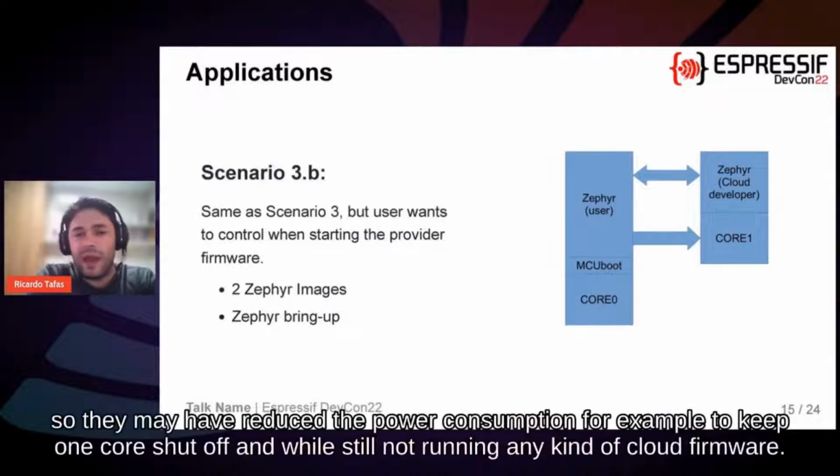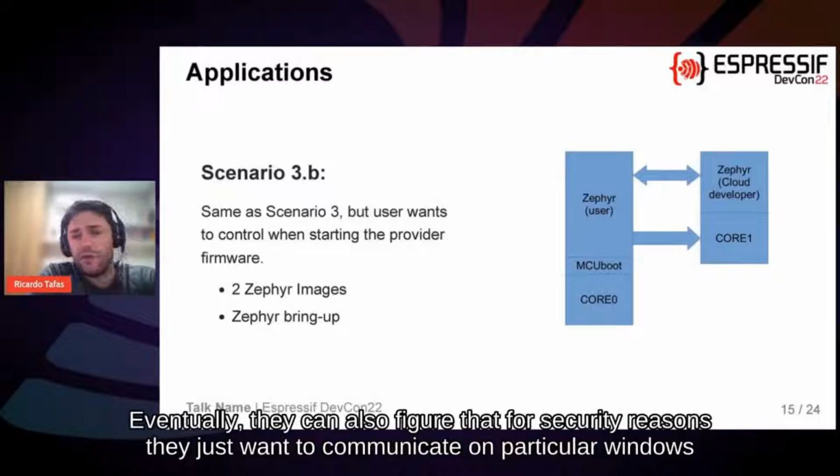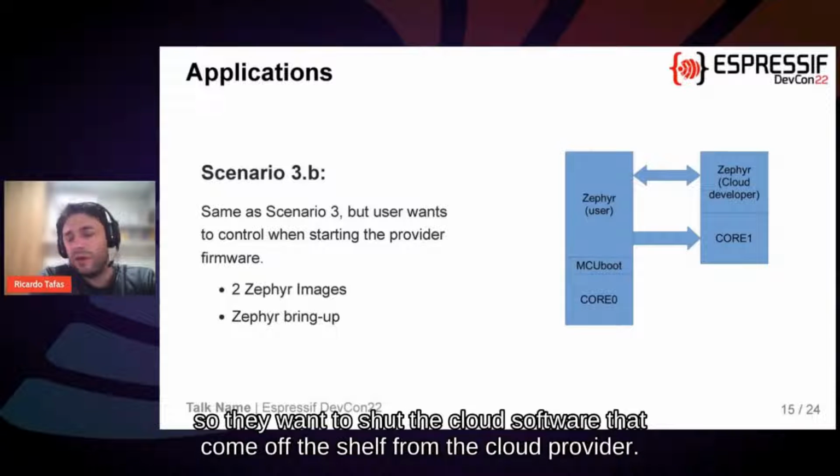So they may have reduced power consumption, for example, by keeping one core shut off, while still not running any kind of cloud firmware. Eventually, they can also decide that for security reasons, they just want to communicate in particular windows. So they want to shut off the cloud software that comes off the shelf from the cloud provider.